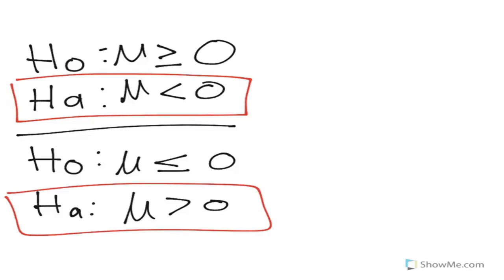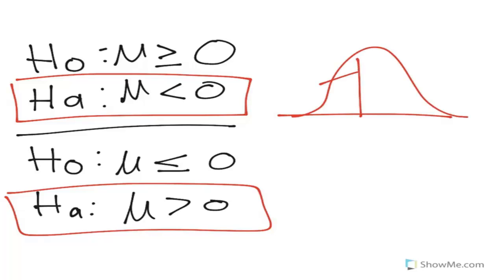Now, after you have derived your hypothesis, what you do is look at your alternate hypothesis. As you can see, your HA here is mu less than 0, which means for this hypothesis, it's a left tail test. Your rejection region is less than 0. 0 is at the point here, at the peak.